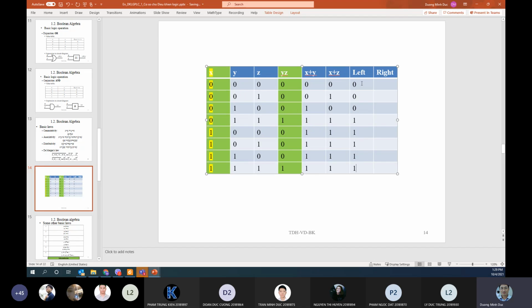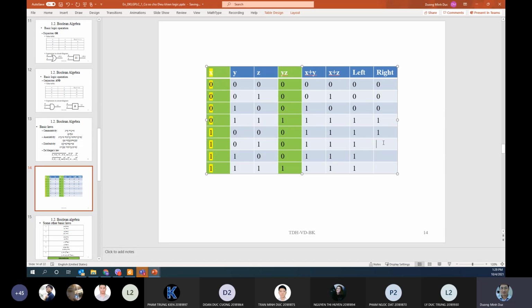Okay, for the right side, x plus y multiplied by x plus z, it's 0, 0, 0, 1, and here all are 1, so it's 1.